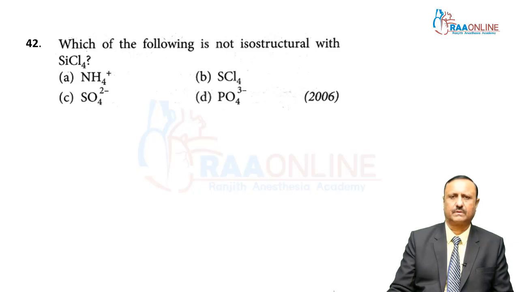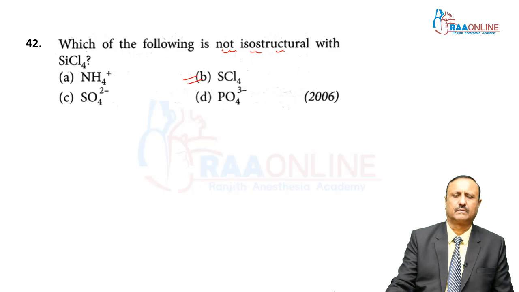Because here a distorted tetrahedral structure is present, so it is not isostructural.